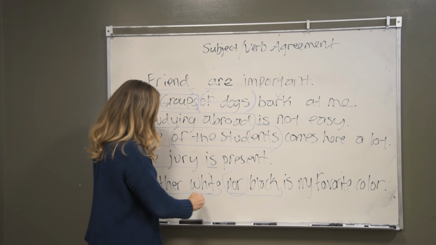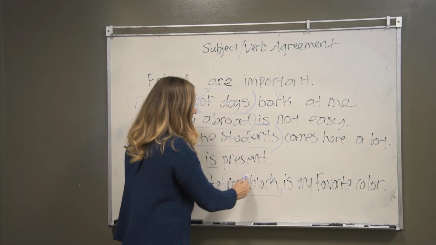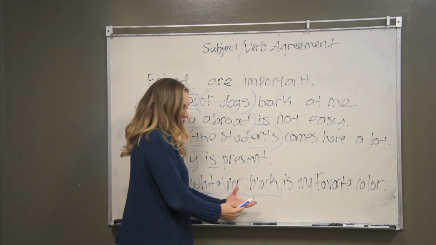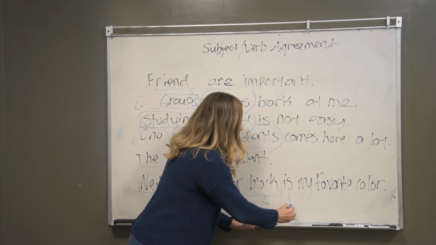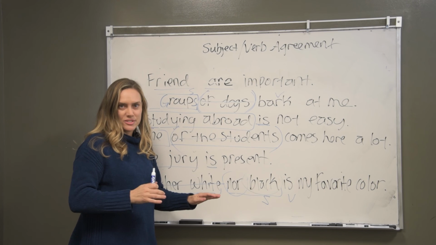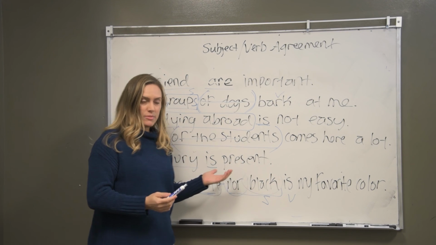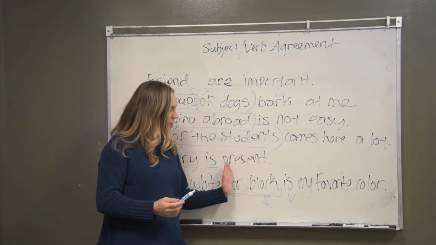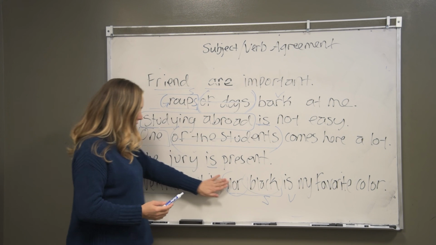So this, we're not even going to look at because we're minusing it away, and we're stuck with this color, which is a noun, a subject. This subject has to agree with the verb. We don't worry about this part because the nor cancels it. Also, if you see either or, same thing. You only look at the part after or and make sure it agrees with the verb. Don't worry about this part.